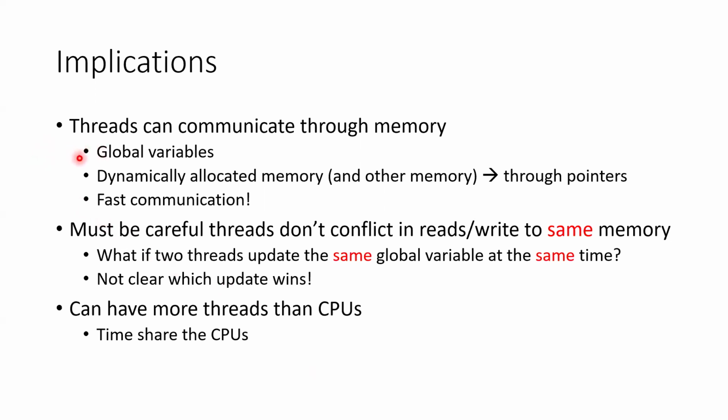Global variables and dynamically allocated memory through pointers can both be used for communication. But you must be careful that they don't conflict in reads and writes to the same memory. If the 2 threads update the same global variable at the same time, you won't be clear which update will win, and it will most definitely mess up one or both of the threads.